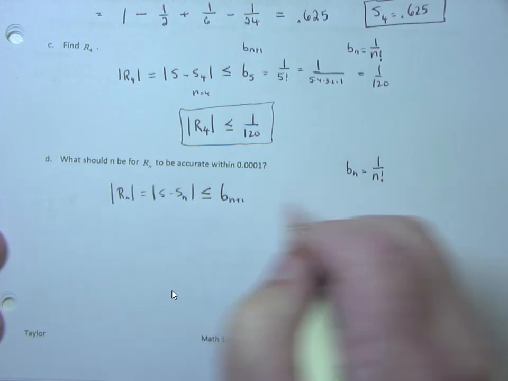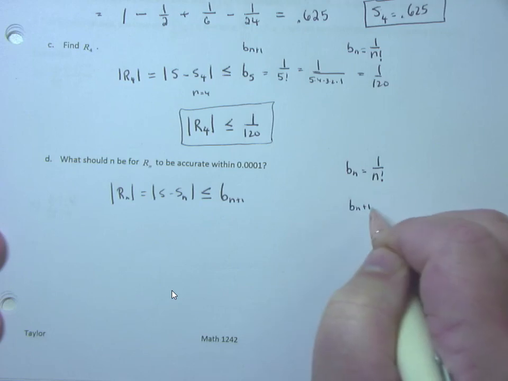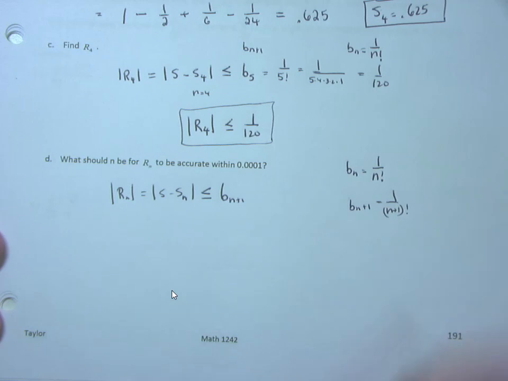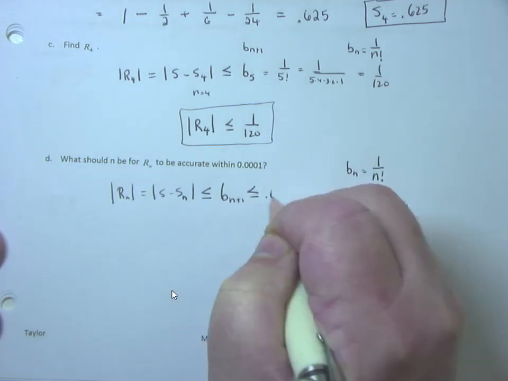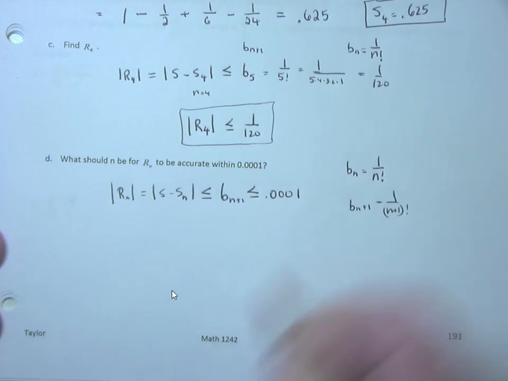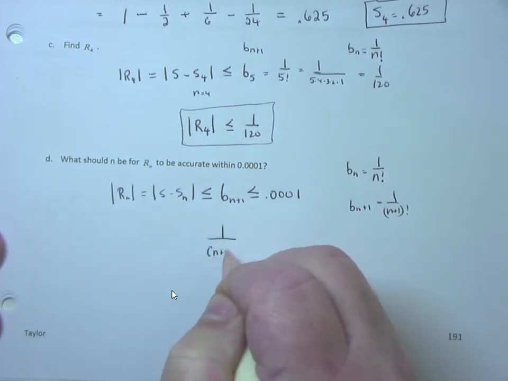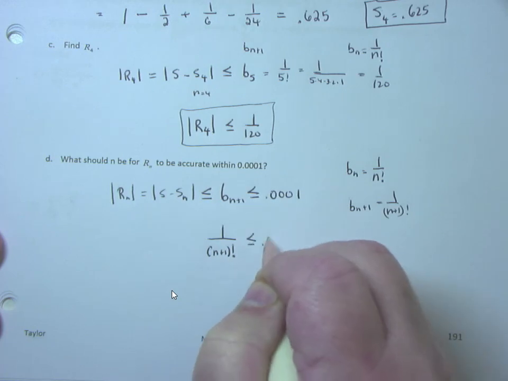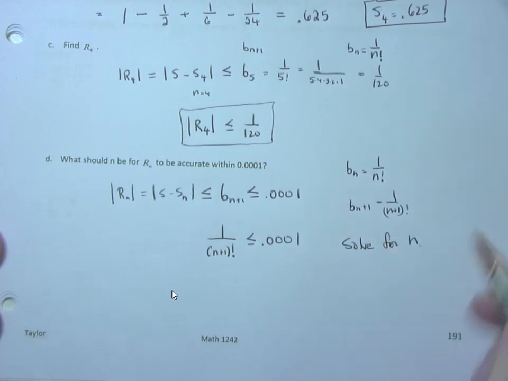So B(n+1) would be 1 over (n+1) factorial. Now, we want this error to be less than or equal to 0.0001. So this is 1 over (n+1) factorial, and that's got to be less than or equal to 0.0001. And your mission here is to solve for n.